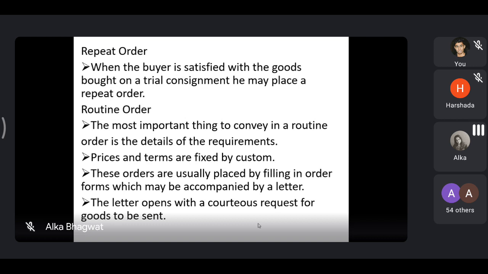So 4 different menus and an indent has to come every day. So you can imagine how detailed you have to be when you order something, and it cannot be more. Especially fresh vegetables cannot be more, because then you will be making a loss, right? So that is why this is the routine order which is given in college, every day for vegetables and maybe once a month for other dry groceries.